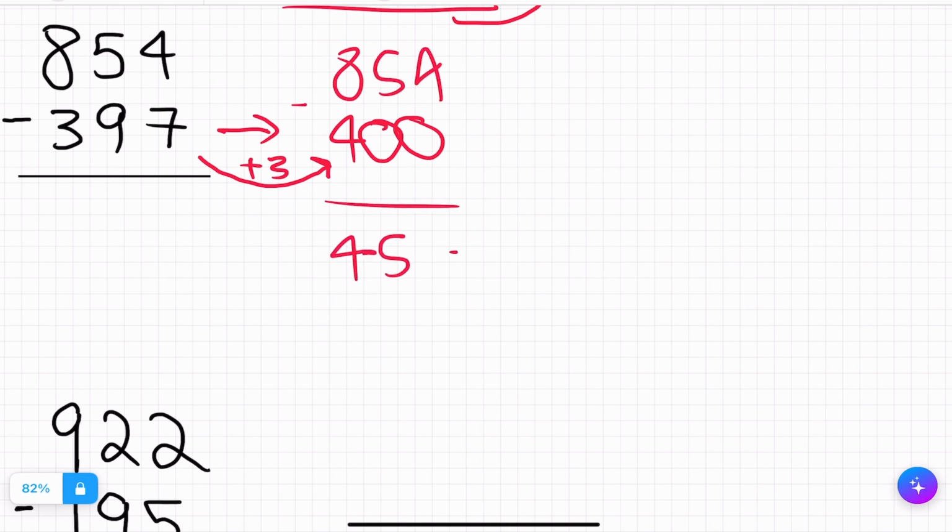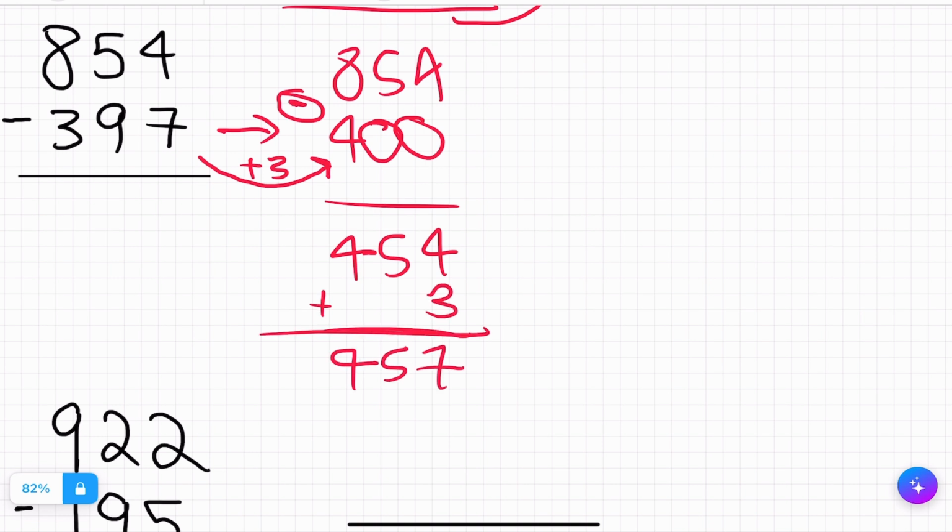We know that's going to be 454. Since we added 3, we need to add 3 to our answer because right now, since we subtracted, our answer is 3 less than it should be. So we add 3 and we get 457 as our final answer.